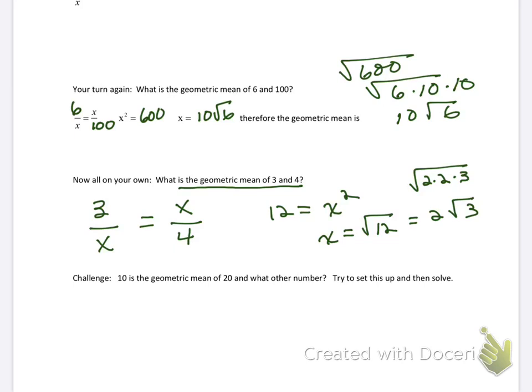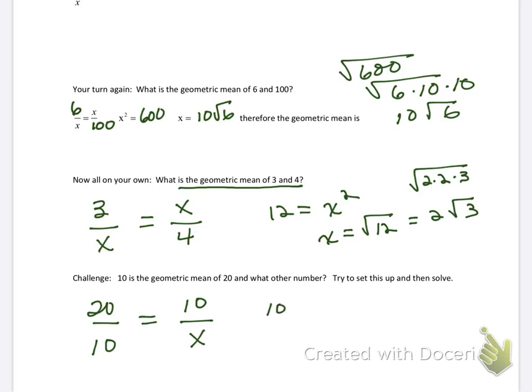Try to set this up and then solve. So go ahead, stop the video, and go ahead and set that up. So this time they gave you the geometric mean. So I'm going to put the 10 in the spots where the geometric means go. And then the extremes are going to be the 20 and the missing number.